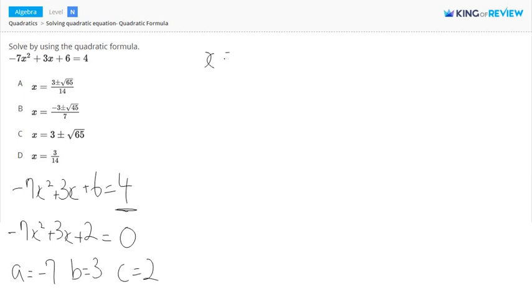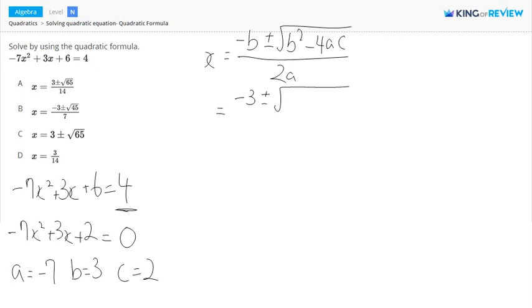Now we can plug it into our quadratic formula, which says -b plus or minus the square root of b squared minus 4ac, over 2a. Now our b value is 3, so it's -3 plus or minus the square root of 3 squared minus 4 times a, which is -7, and c, which is 2, over 2a, which is -7.